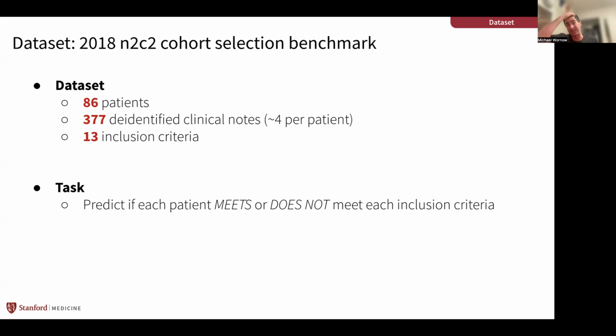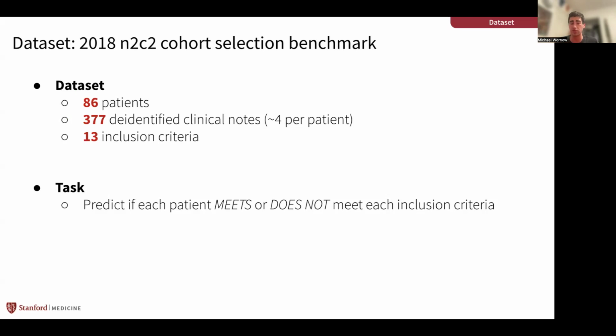So just to level set, the data set that we used for this project was based on the 2018 N2C2 cohort selection benchmark, which is a publicly available data set of 86 patients with around 377 de-identified clinical notes associated with them, so roughly 4 notes per patient, and then 13 inclusion criteria.